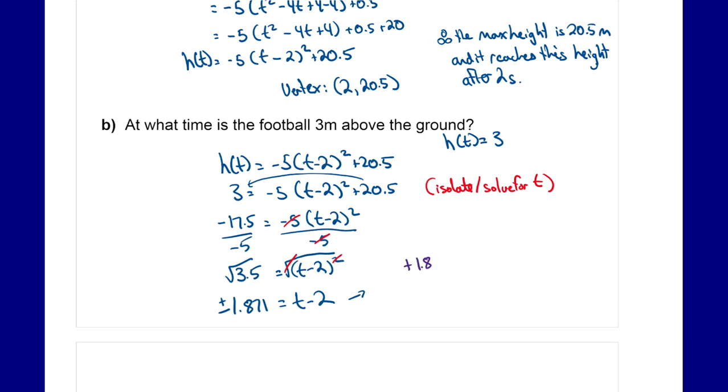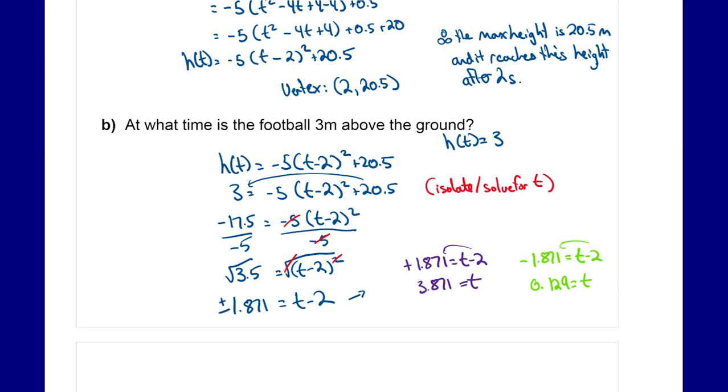Positive 1.871 = t - 2. And negative 1.871 = t - 2. Move the -2 over, becomes plus 2. I get 3.871 = t. And for the other one, -1.871 + 2, I get 0.129 = t.